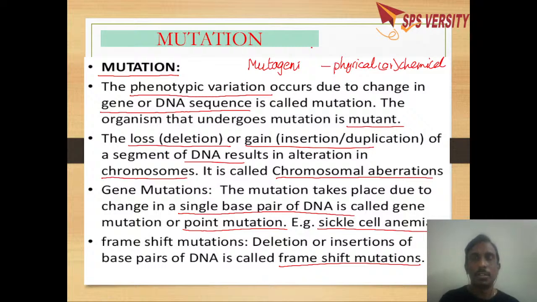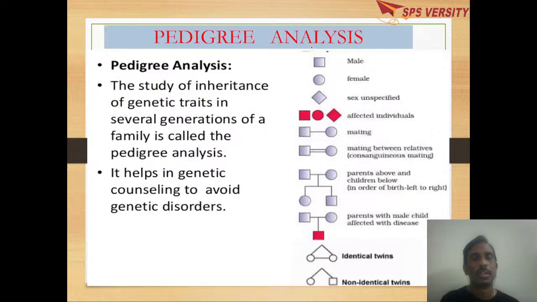After this, we are going to discuss pedigree analysis. What is meant by pedigree? Pedigree is the study of genetic traits, the traits which come down through several generations in a family.